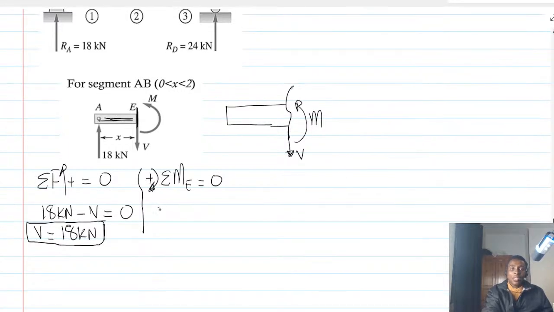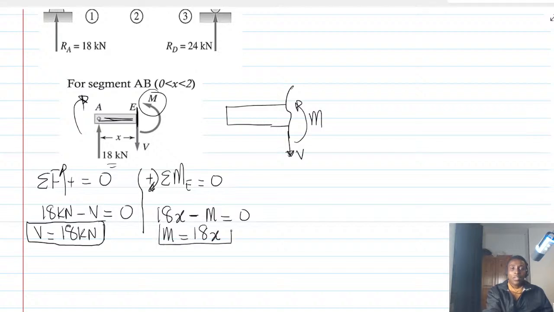Summing the moment, 18 multiplied by x is actually going this way, which is clockwise. So 18x. And what else? There is this moment which is going counterclockwise. So minus M to be 0. This means that M equals 18x.